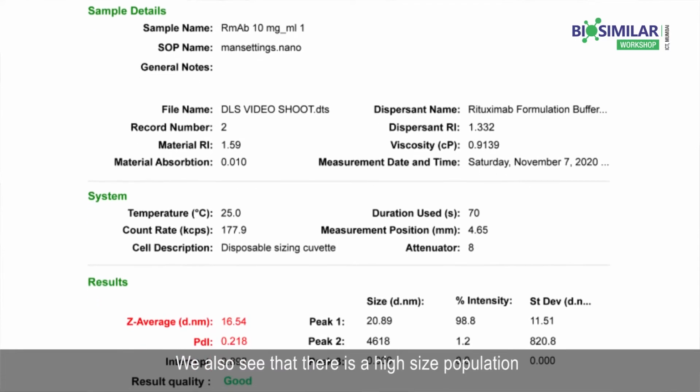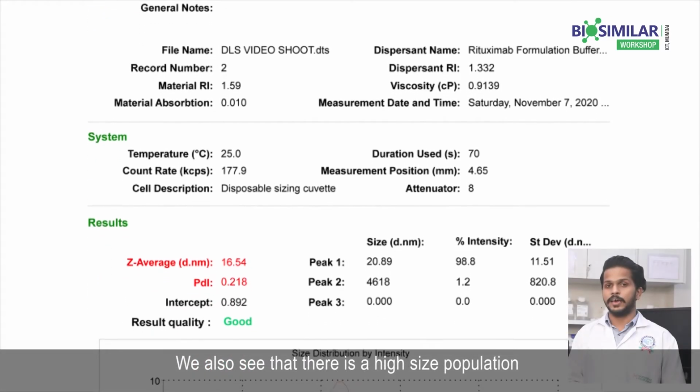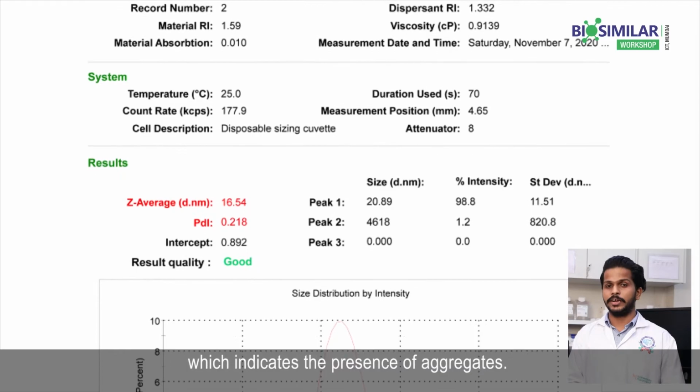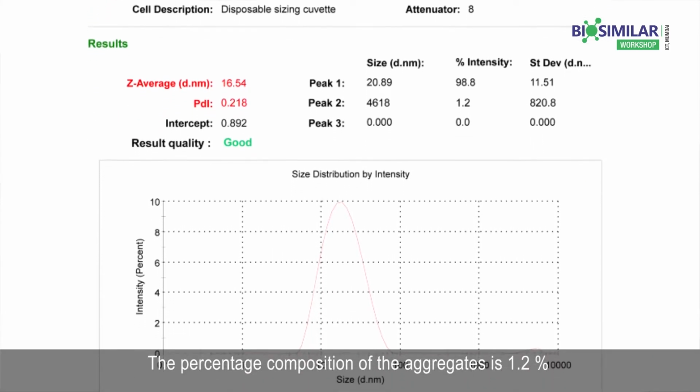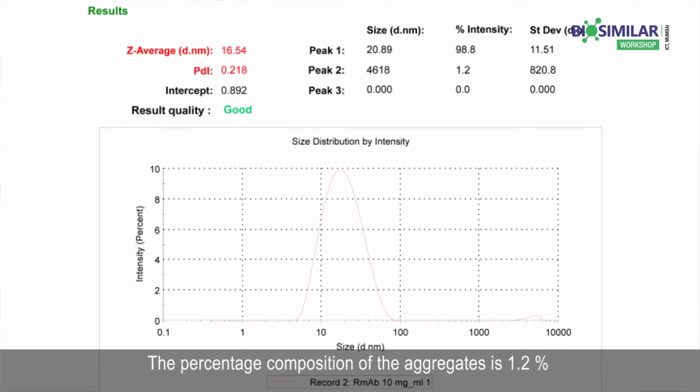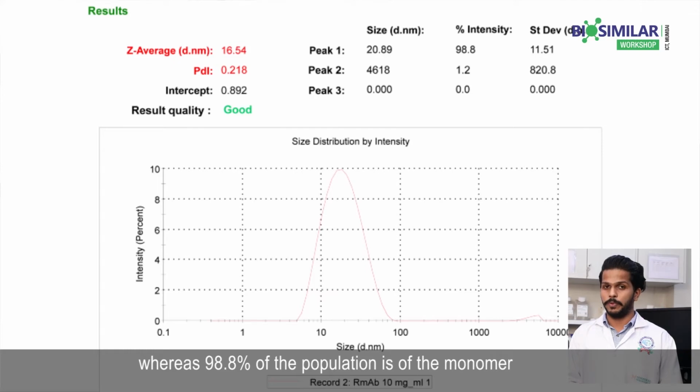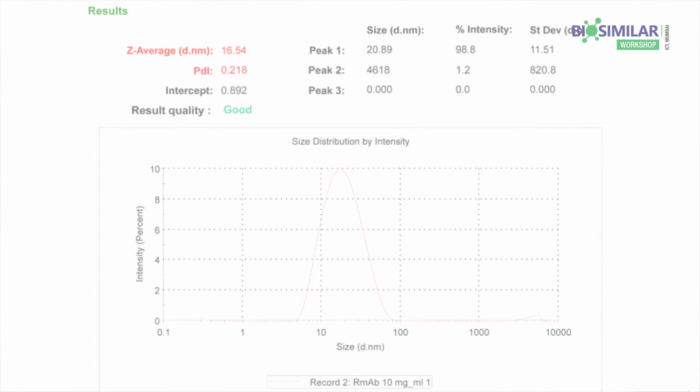We also see that there is a high sized population which indicates the presence of aggregates. The percentage composition of the aggregates is 1.2%, whereas 98.8% of the population is of the monomer.